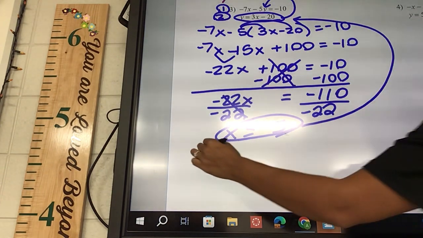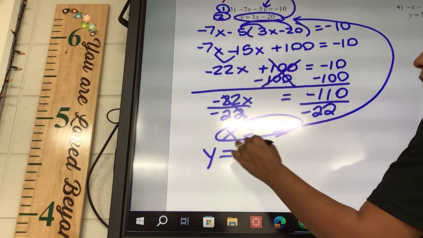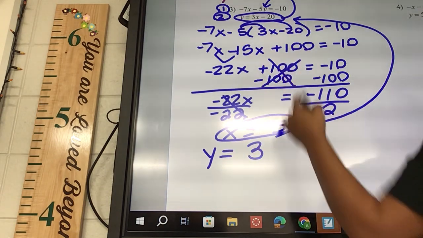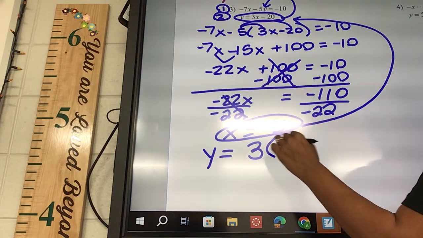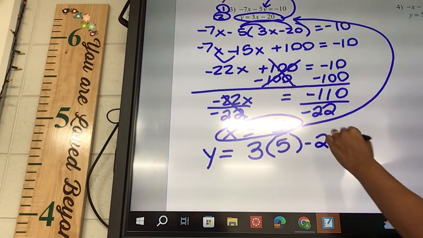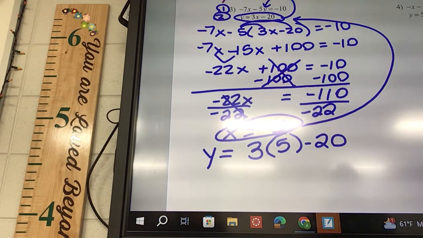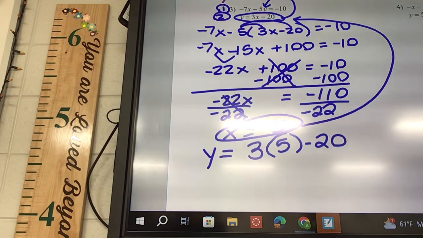So we're going to get y equals 3x minus 20, but we know our x is 5 now, so 3 times 5 minus 20. Now you can plug in your calculator: 3 parenthesis, 5 close parenthesis, minus 20.